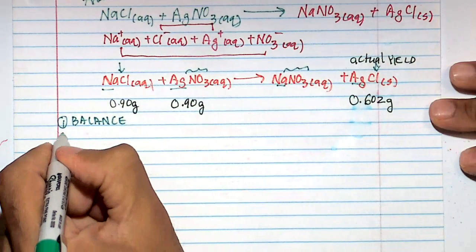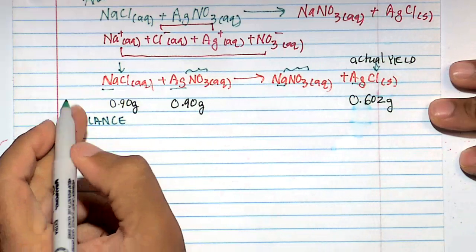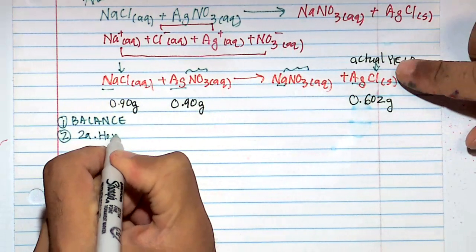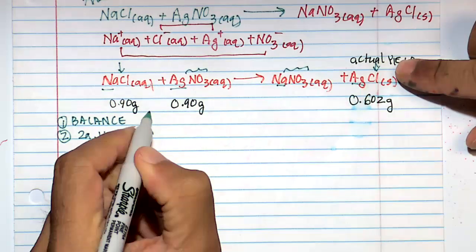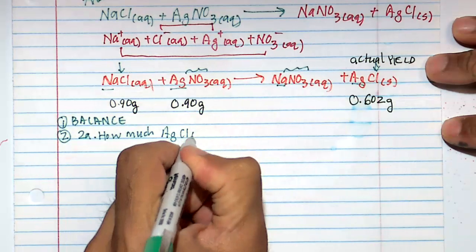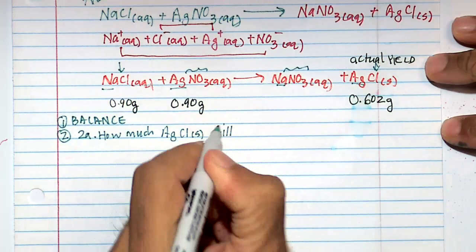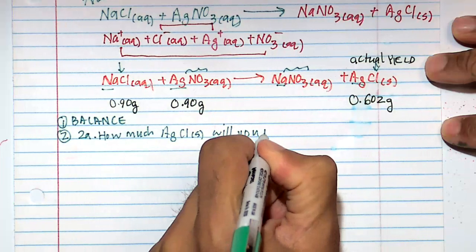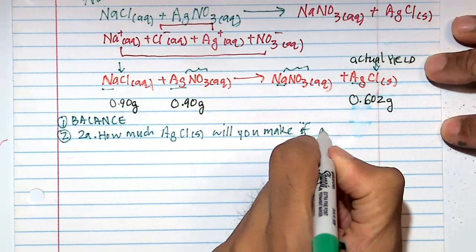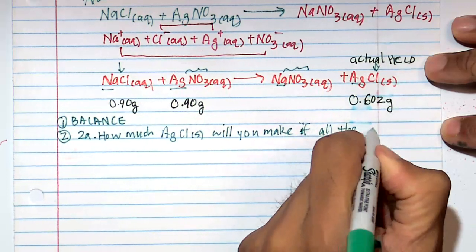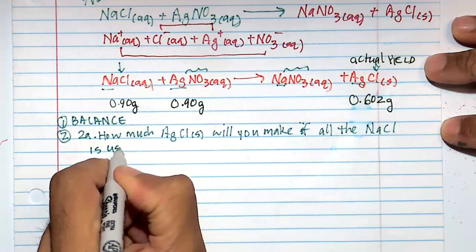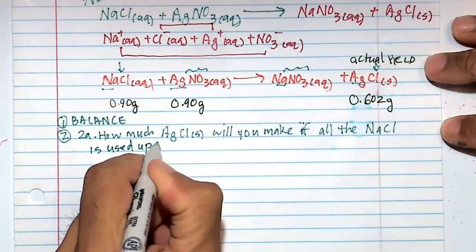Okay, step 2, you're going to ask yourselves two questions. The first question I'll call 2A. How much of this product, AgCl, will you make if all the NaCl is used up? This is a precious product, we always want to make more of the product.